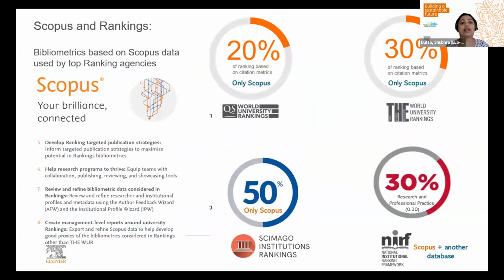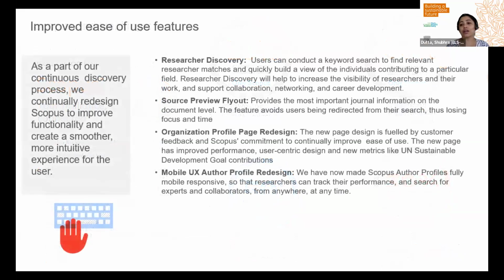Scopus, as you very well know, is used in different rankings. You must have heard of the Times Higher Education ranking, QS World ranking, Scimago Institution ranking. All of these use Scopus data exclusively. Closer home in India, our government ranking of NIRF uses Scopus data along with another database. So it's important that we are aware of all features of Scopus and how you can maximize its utilization for you and your institution's group.